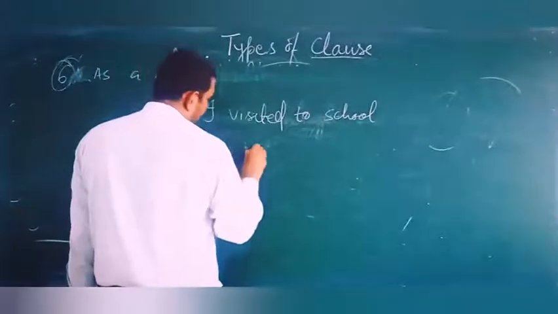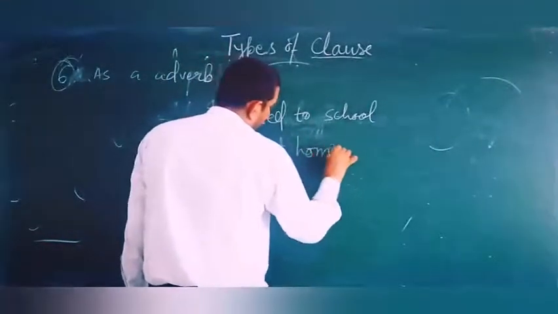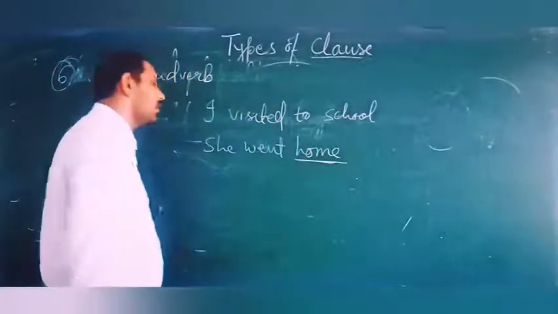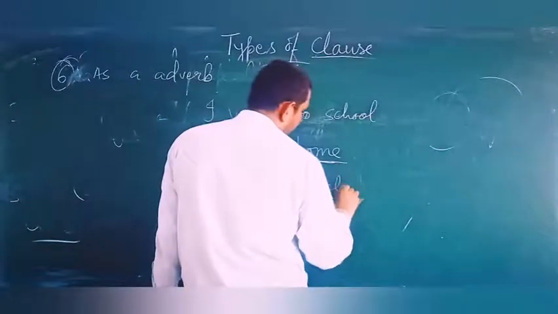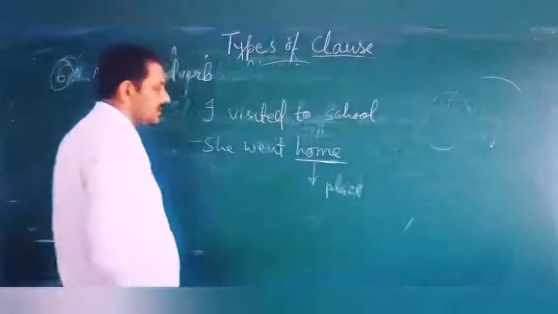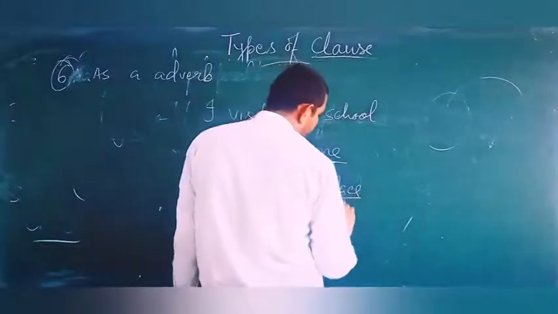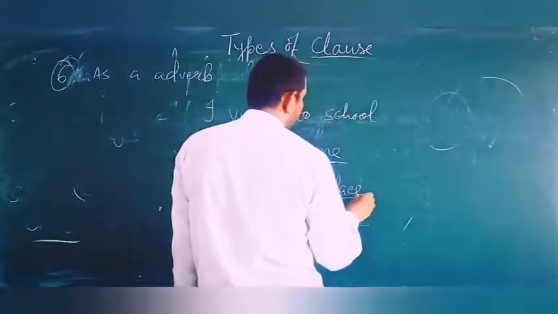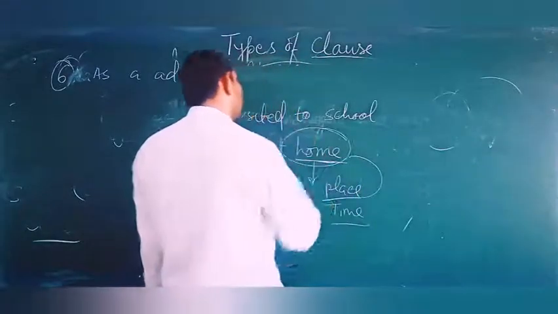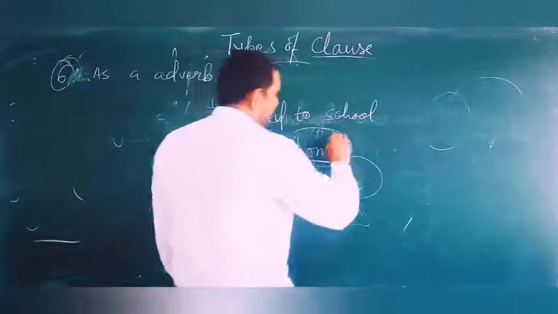She went home. So home is a noun, and here we are talking about the place. Any word that says something about place or time is an adverb. So home is a noun that we use here not as an object, but as an adverb.